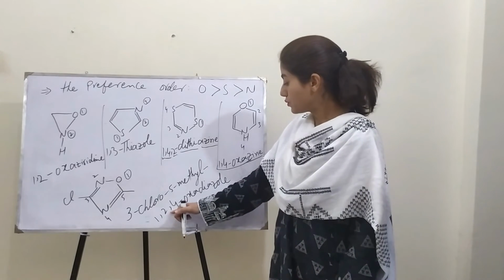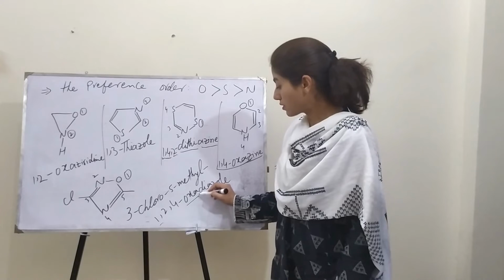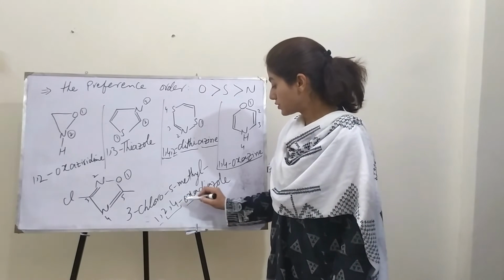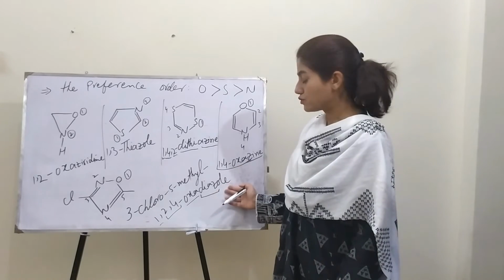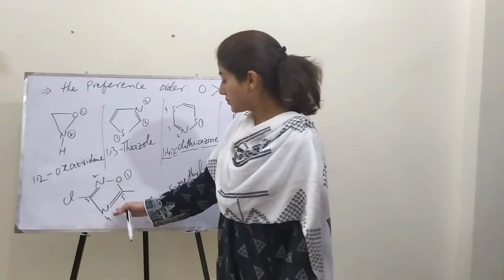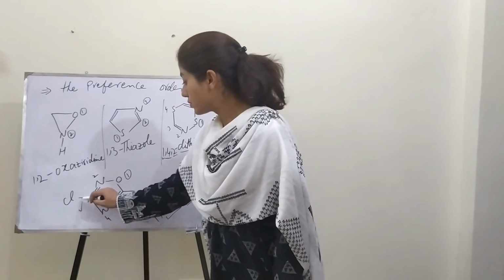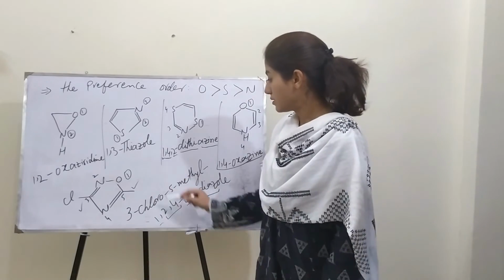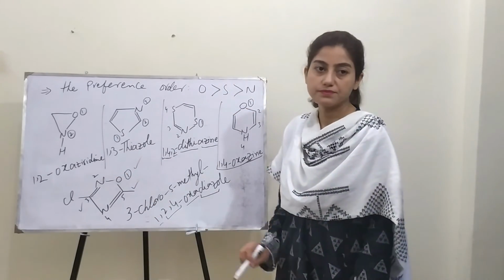So 1, 2, 4, 1 shows the position of the oxa group, 2, 4 shows position of these diazoles, nitrogens. So in this way, its complete name would become 3-chloro-5-methyl-1,2,4-oxadiazole.